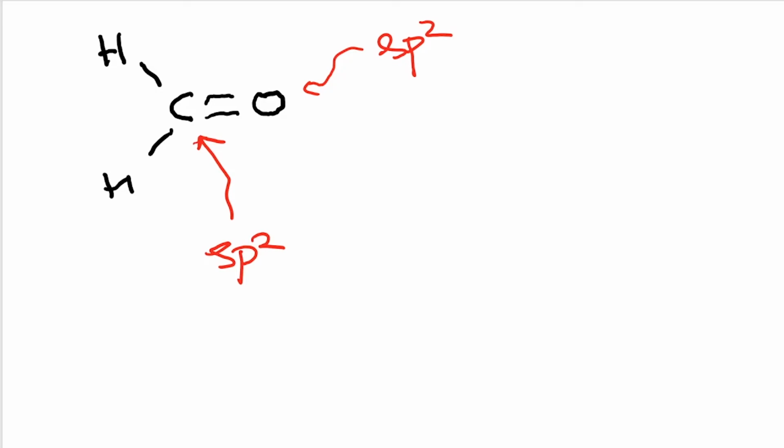But from a bonding standpoint, this carbon is first attached to an oxygen through a sigma bond, and of course to these two hydrogens through sigma bonds, and the carbon-oxygen sigma bond is formed by the sp2 carbon and the sp2 oxygen.